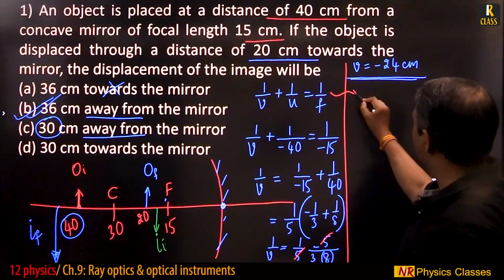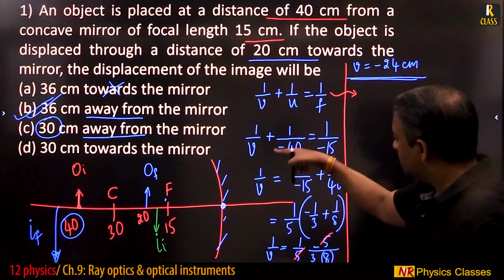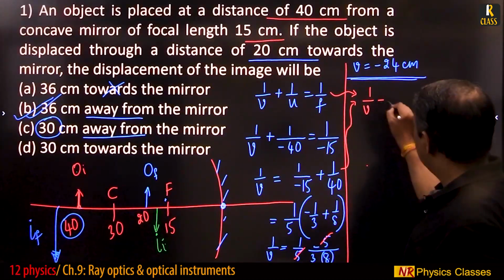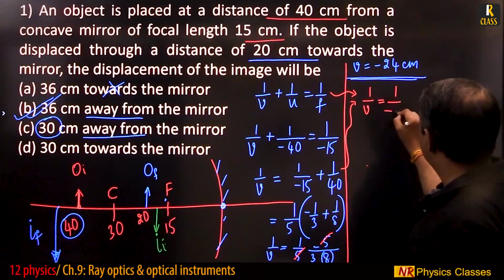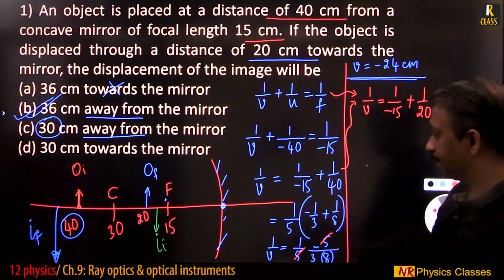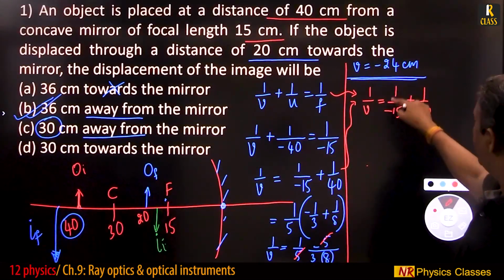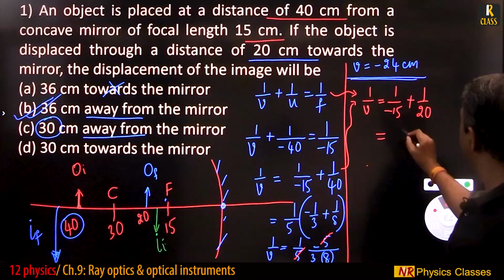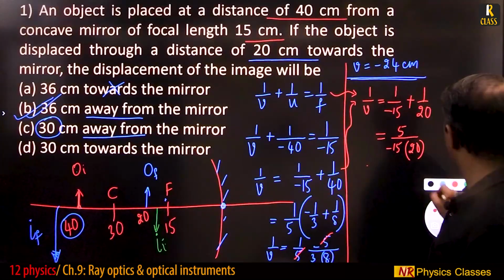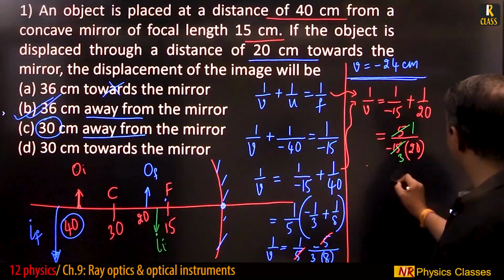Again, using the formula, 1 by v equals 1 by focal length minus 15 plus 1 by 20, because the object distance is minus 20 and becomes plus 20. 20 minus 15 is 5, by 15 into 20, which is 5 by 300, so 1 by 60.